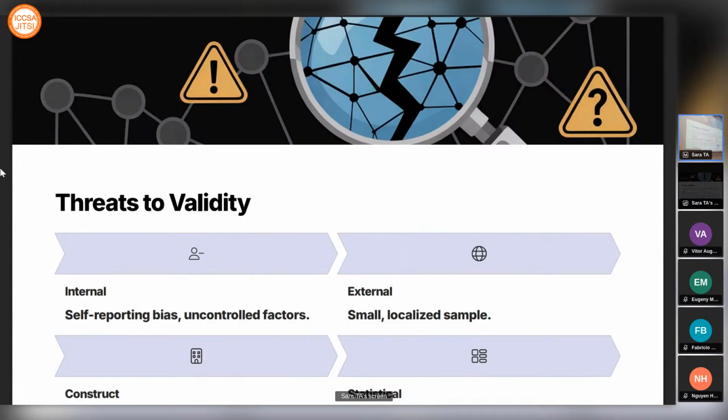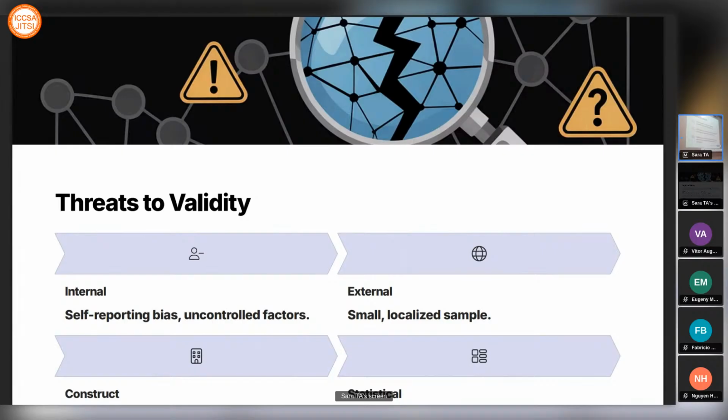We distributed almost 500 surveys across the main Brazilian companies, but only 62 responded. Construct, we have to improve our customer type, and statistical, we have to improve our sample in order to have more statistical confidence.